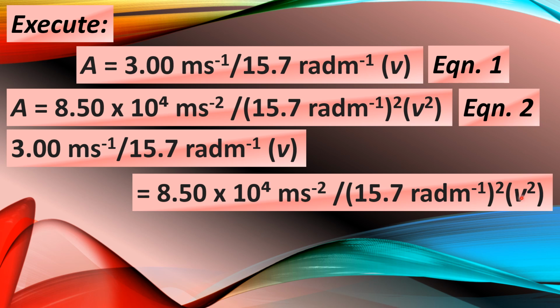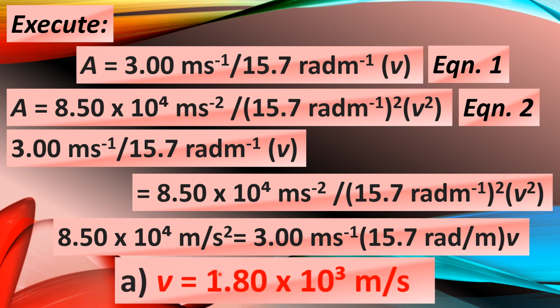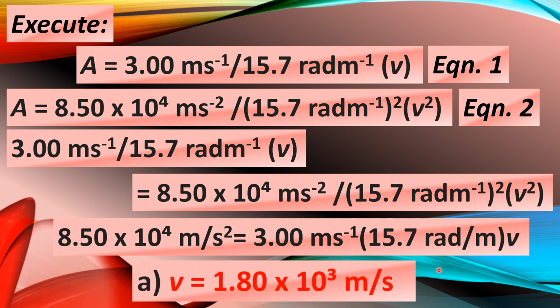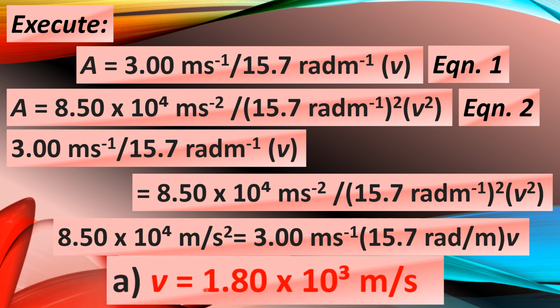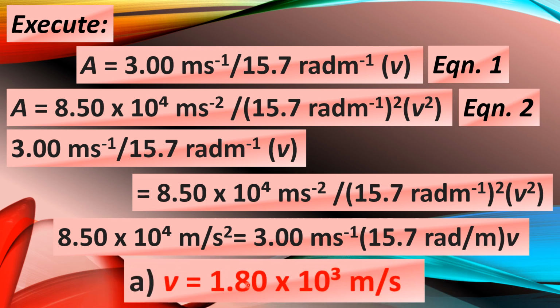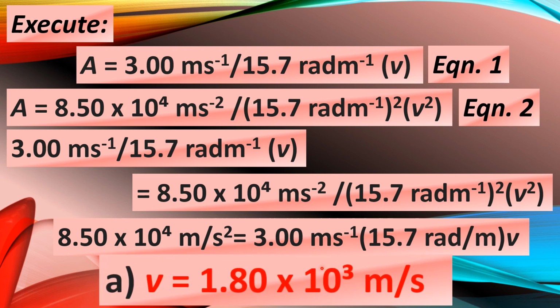And simplifying, this is the simplified equation now. Eventually, we will get the value for the wave speed of propagation, small letter v, which is equal to 1.80 times 10 to the third power meters per second.